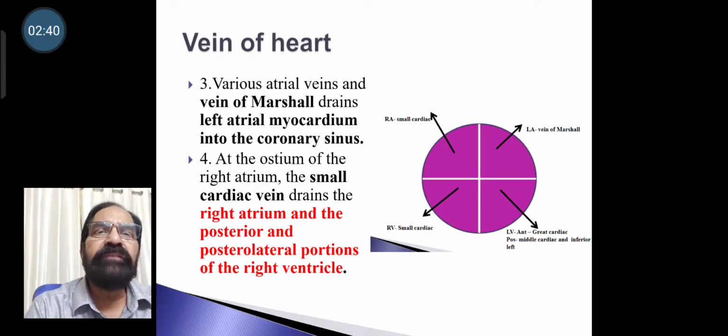Then various atrial veins and the vein of Marshall drain the left atrial myocardium into the coronary sinus. At the ostium of the right atrium, small cardiac vein drains the right atrium and the posterior and posterolateral portions of the right ventricle.